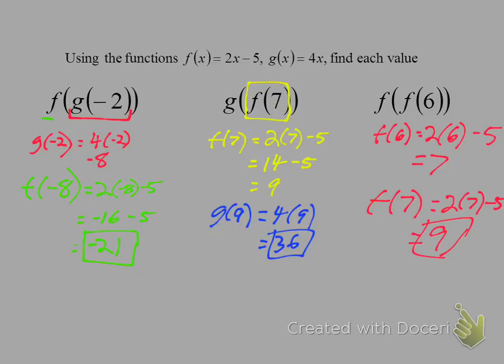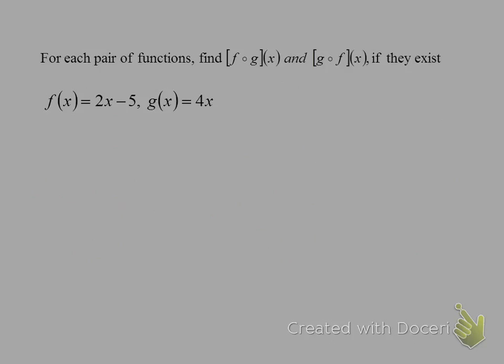The second style looks harder from the onset, but once you get the notation down, it's almost easier. So for this one, for each pair of functions, find f of g of x and g of f of x, if they exist, and chances are they will. Remember what I said about the notation that's here.